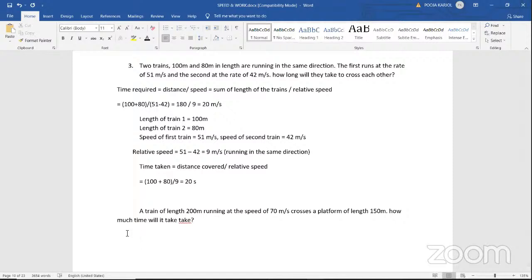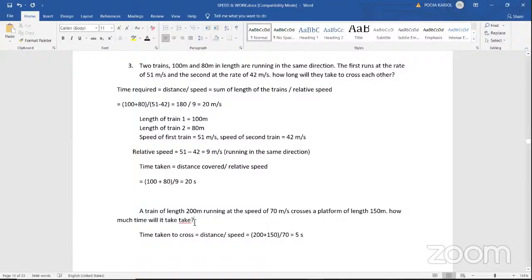Time taken to cross is distance by speed, which is 200 plus 150 by 70, which is 5 seconds.